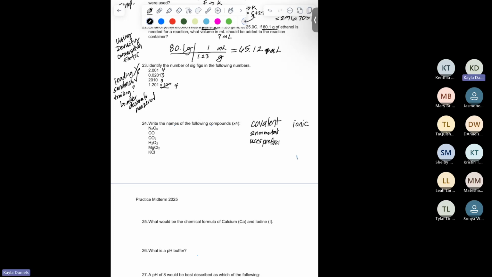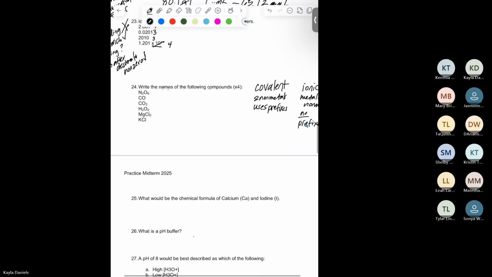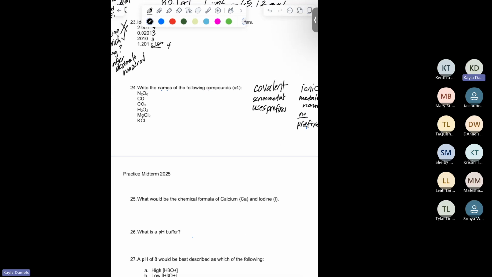And ionic is a metal and a nonmetal, without those prefixes. Both of them always, you're changing the ending of the second element to "ide." All right. So before we even try to name these, let's identify if they're ionic or covalent.